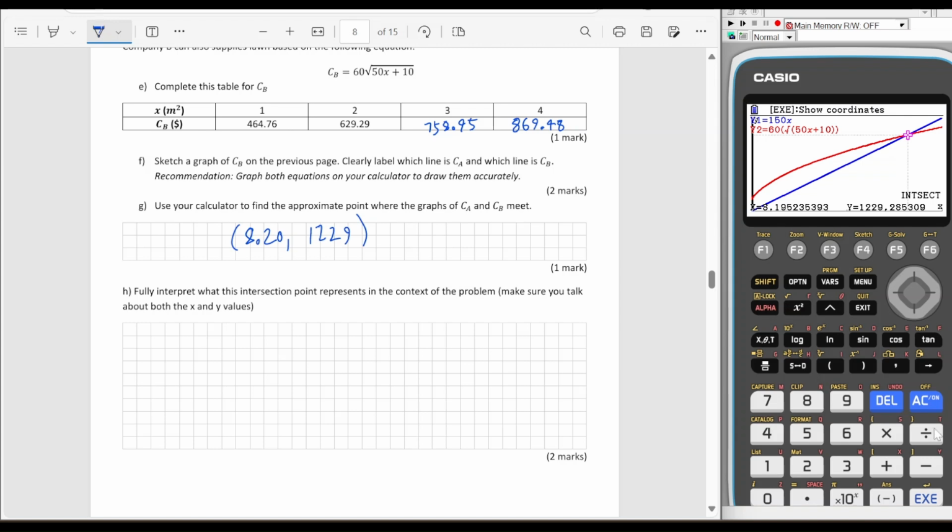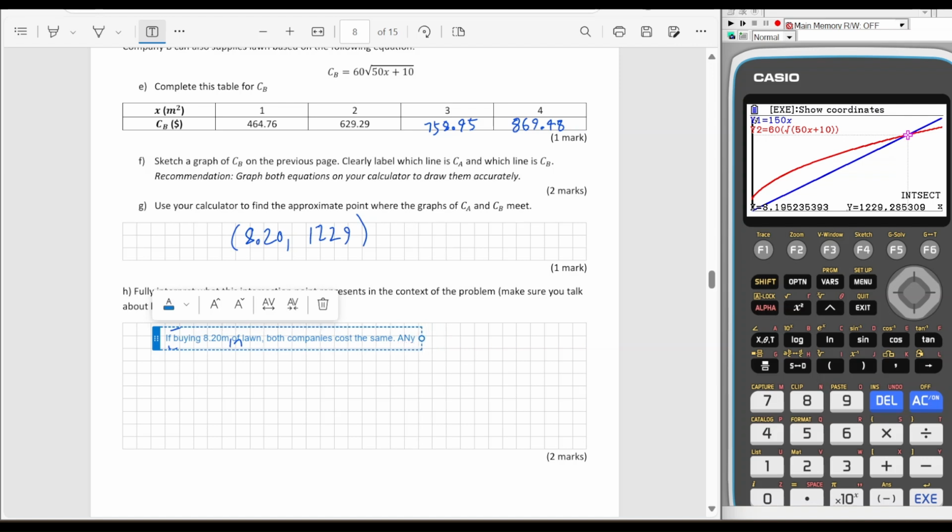Okay, fully interpret what this means. So if buying 8.20 meters of lawn, both companies cost the same.